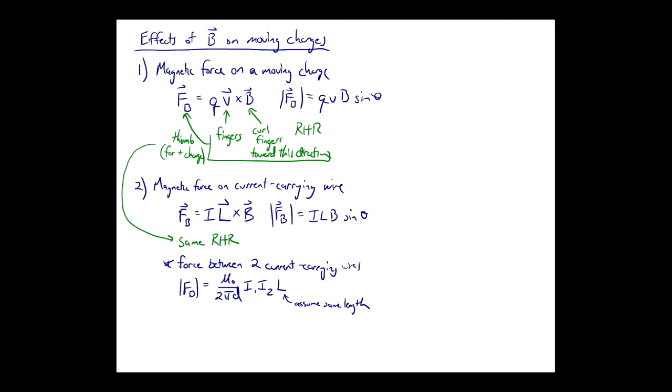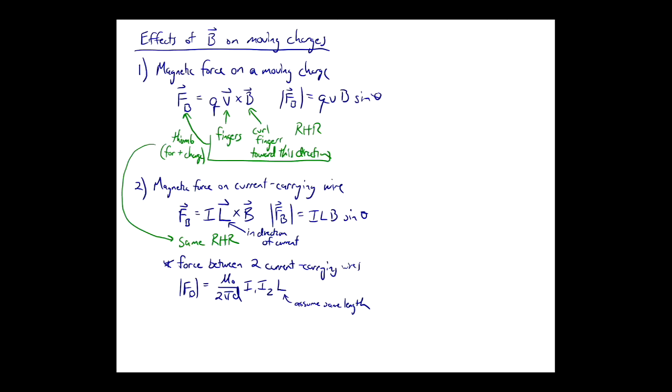Question back there? This L vector here, okay, this is a vector in the direction of the current. And it has the magnitude of the wire itself.